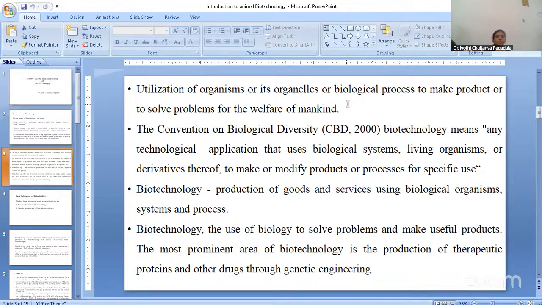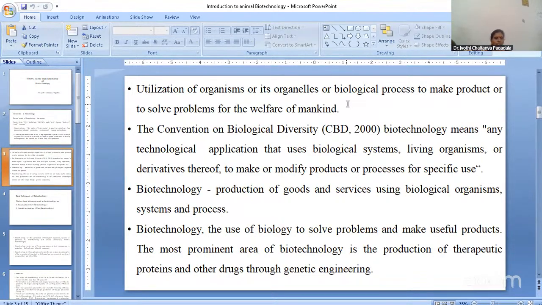The Convention on Biological Diversity, 2000, defines biotechnology as any technological application that uses biological systems, living organisms, or materials derived from them to make or modify different types of products.